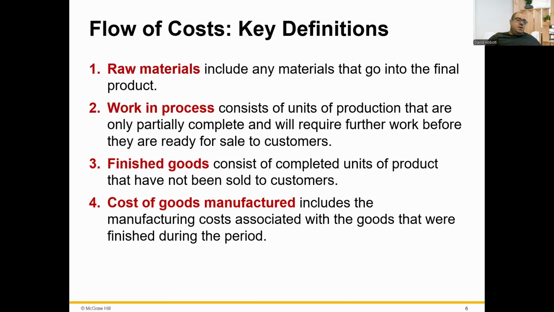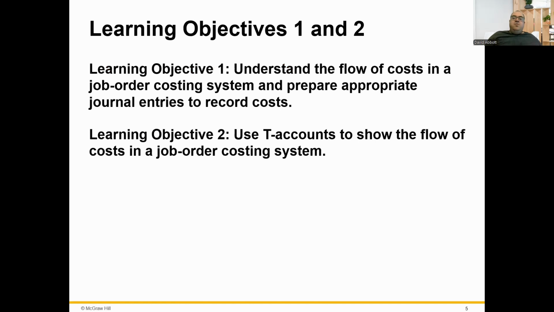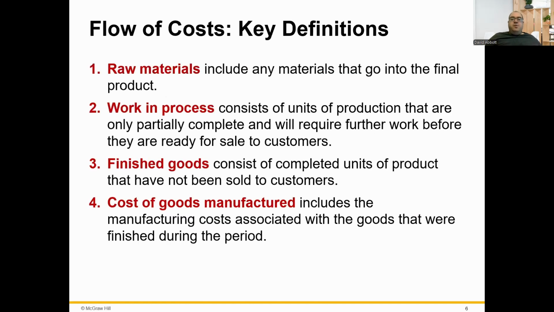Okay. So some key definitions now into how we understand the flows of costs and how that's going to work. Remember from Accounting 4A, you did journal entries and we talked about T accounts and debits and credits. We'll get into some of that here as well.